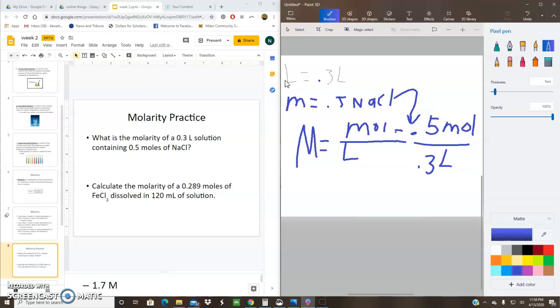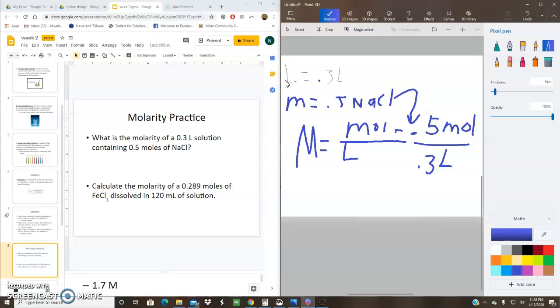Now, an important point I want to make here: it has to be liters of solution. It cannot just be liters of solvent. It has to be liters of solution. That's an important distinction I want to make now so that we're not forgetting later, because liters of solution and liters of solvent are 2 different things.